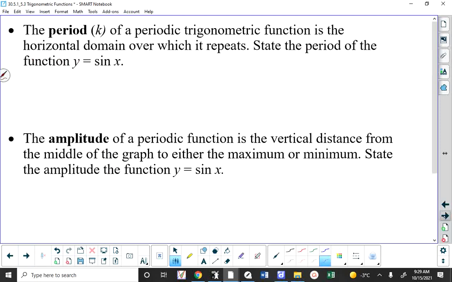We introduce now two new terms. One of them is period, and for those of you that have taken Physics 20, the period here is the same as the period for simple harmonic motion, or the period of a pendulum, or the period of a mass on a spring.